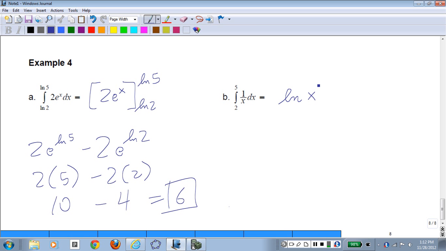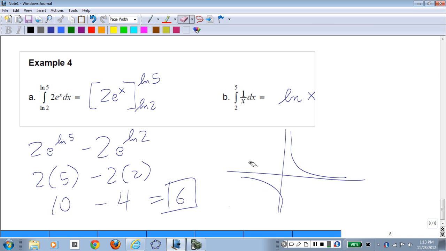Now I could get by with just the x because I know my limits of integration are positive. But if my limits of integration were negative, it would still make sense to do this, because 1 over x is good for positive values of x, and 1 over x is also good for negative values of x.